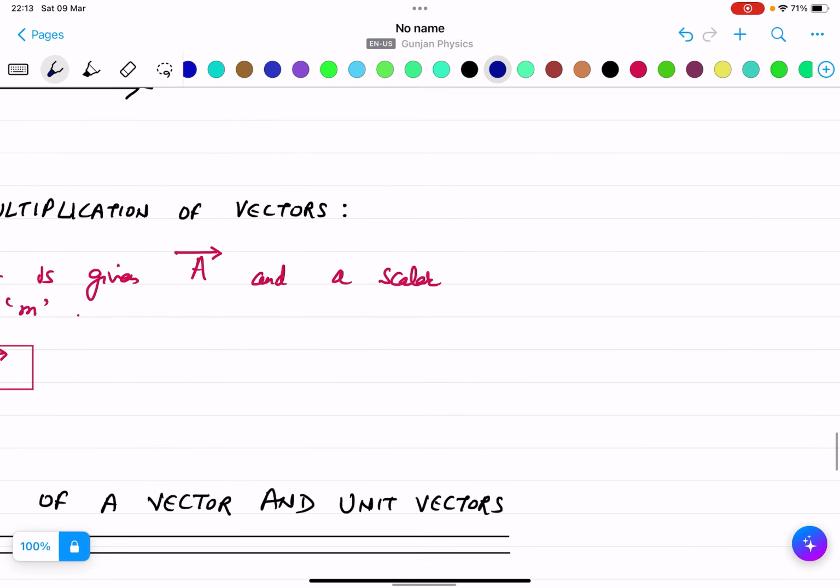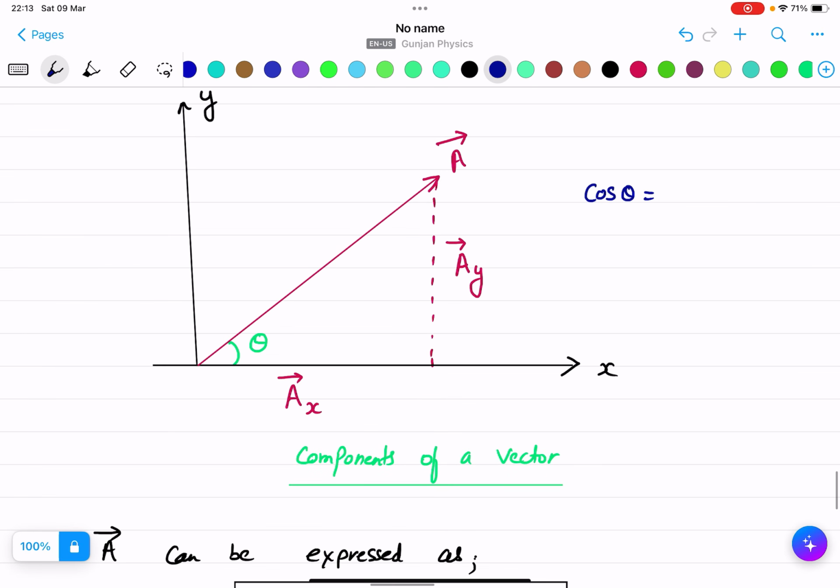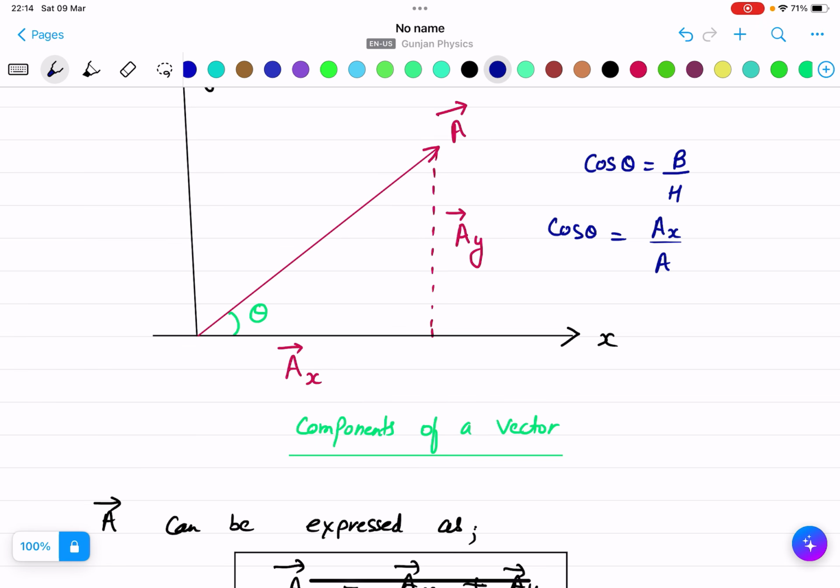So if I use these formulas here, cos theta equals to base upon hypotenuse. That means what is my base here? Base is AX, and my hypotenuse here is A, right? And what will be my sin theta? Sin theta equals to perpendicular upon hypotenuse.